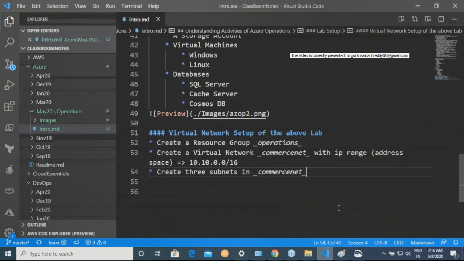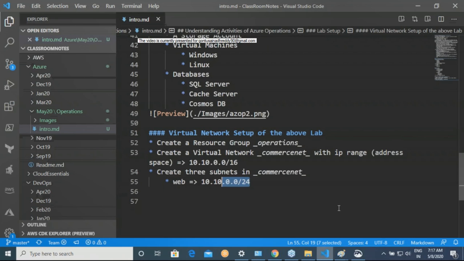So 10.10.0.0/16. Okay. So web 10.10.0.0/24.